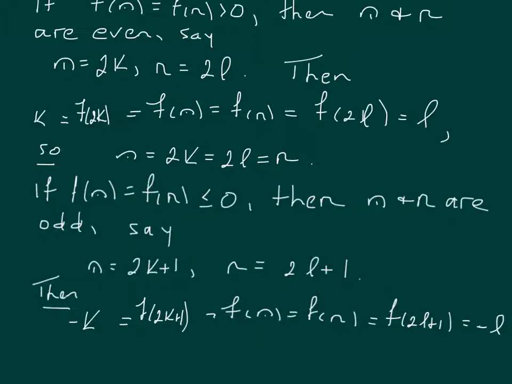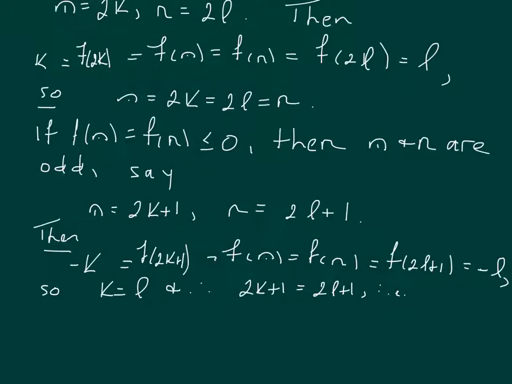All right, let's write that down. So, k equals l, and therefore 2k plus 1 is equal to 2l plus 1. That is, m is equal to n.